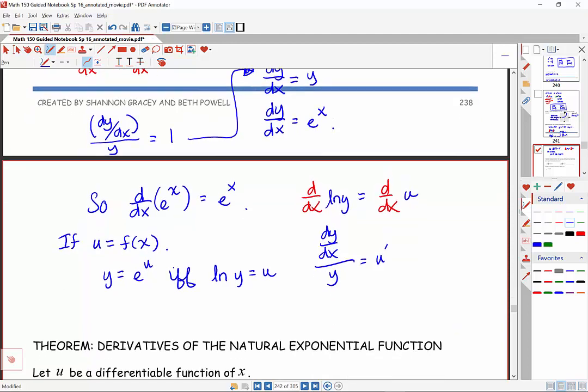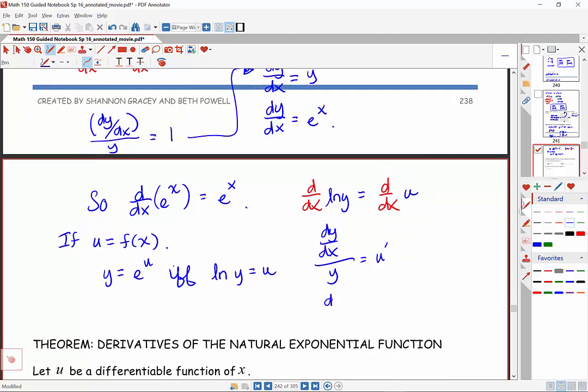So then dy dx is equal to y times u prime. And what was y? y was e to the u. So dy dx is going to equal e to the u times u prime, or du dx.